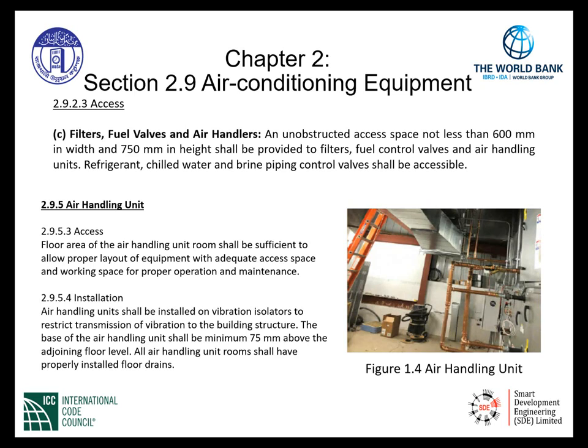Vibration isolators are required here to prevent or dampen the vibration at the unit to prevent reverberation into the building structure. The base of the air handling unit shall be a minimum of 75 millimeters above the adjoining floor level.